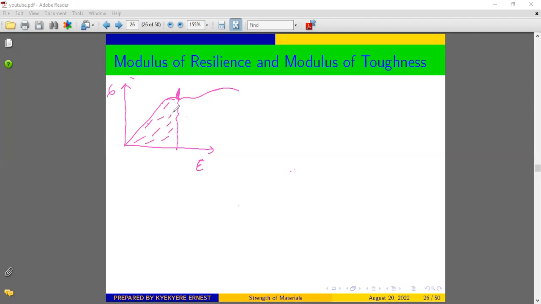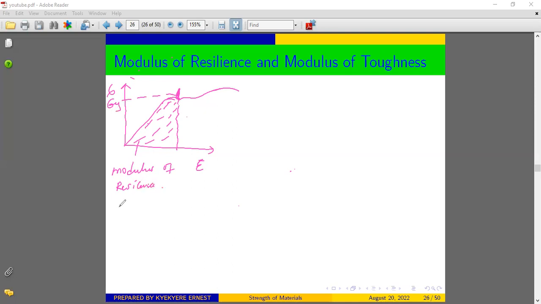Therefore, the area under the elastic region is going to give us the modulus of resilience, which we are saying is the energy required to, or the work done in deforming the material up to the elastic limit, or up to the yield stress. The work done in deforming the material up to the yield stress is referred to as the modulus of resilience.